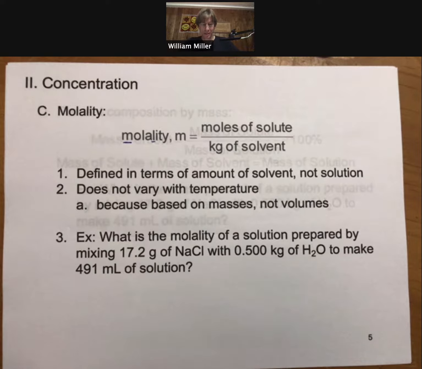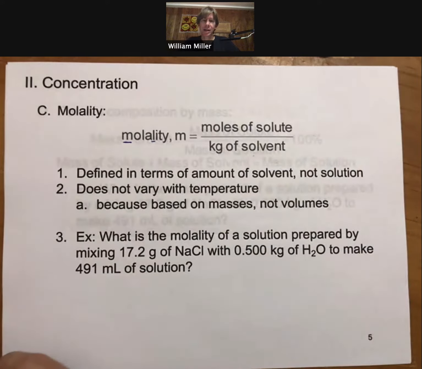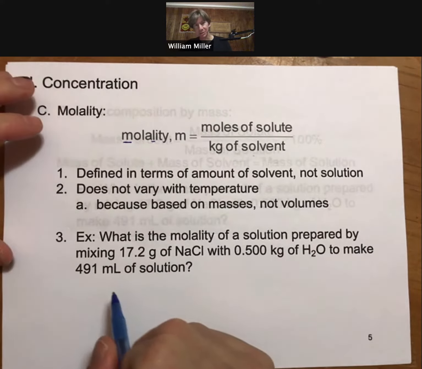And because we're weighing the solvent and more than likely weighing the solute as well, we're using masses, and the amount of mass does not vary with temperature, and that oftentimes will help us simplify some things.